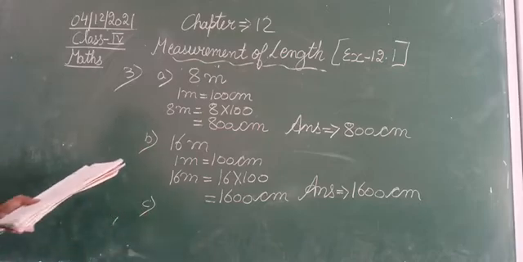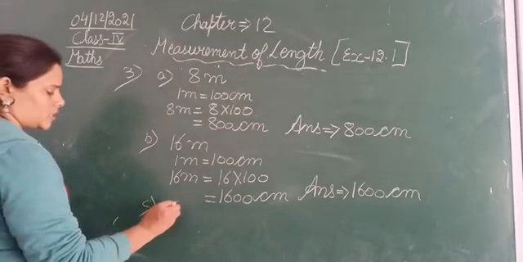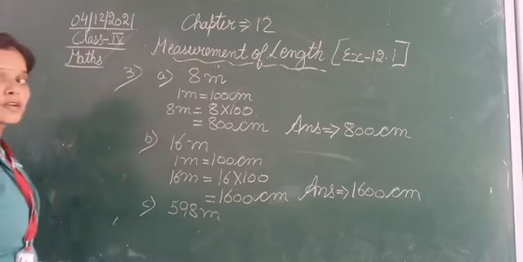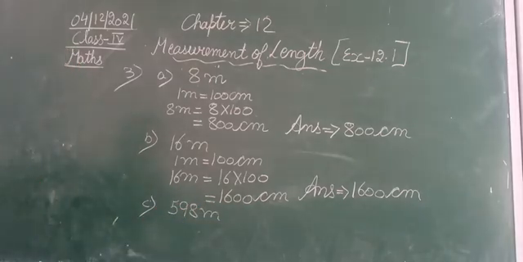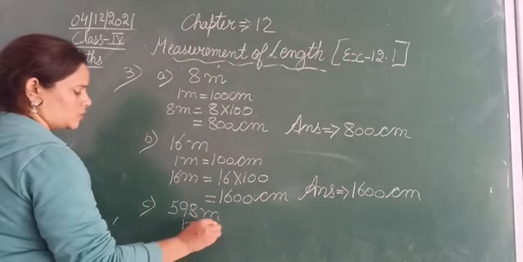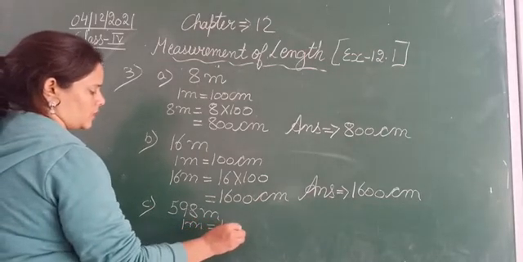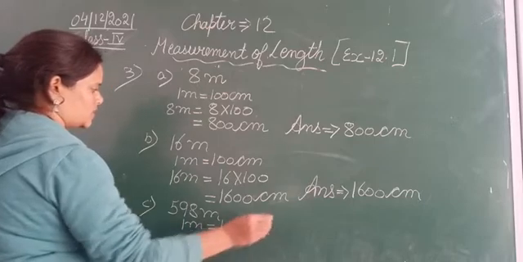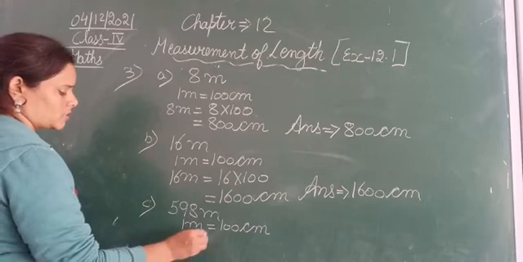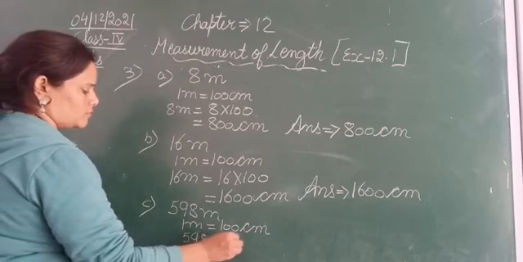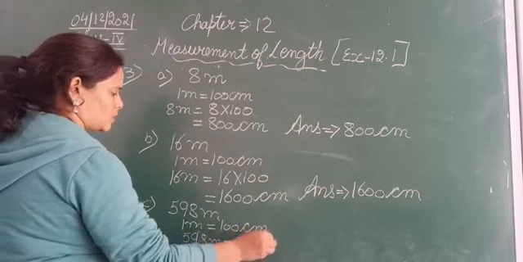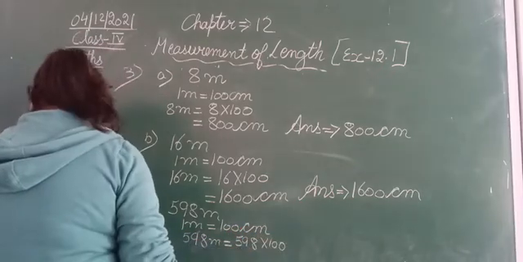Moving next to the C part. The C is 598 meter. Again, 1 meter is equal to 100 centimeter. So 598 meter is equal to 598 into 100.